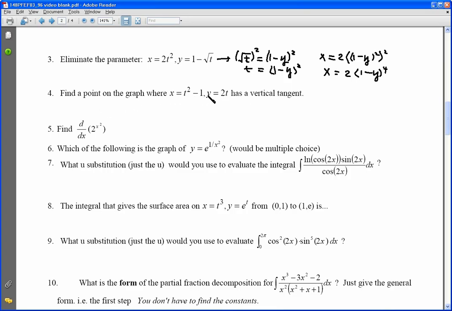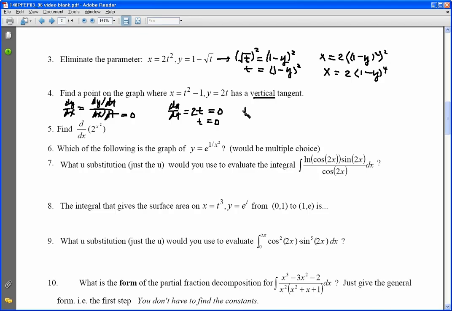Find a point on the graph where you've got a vertical tangent. Remember that dy/dx equals dy/dt over dx/dt. So you want a vertical tangent, that's going to be when the bottom, dx/dt, equals 0. So dx/dt is equal to 2t, and we set that equal to 0, so divide both sides by 2, which tells us that t equals 0.